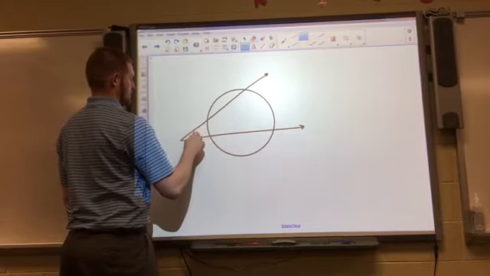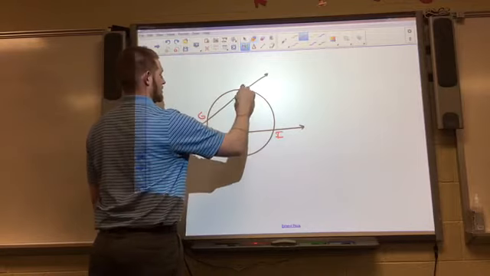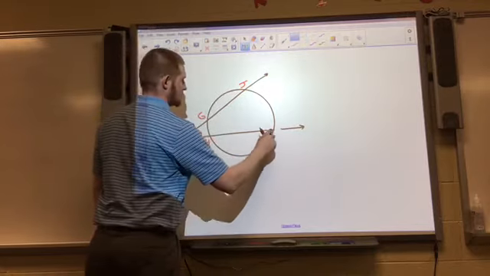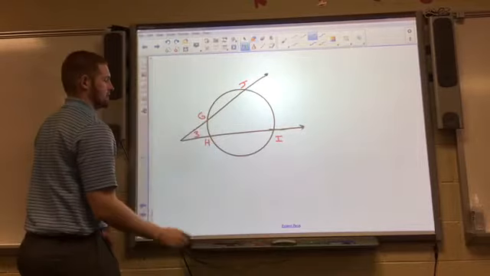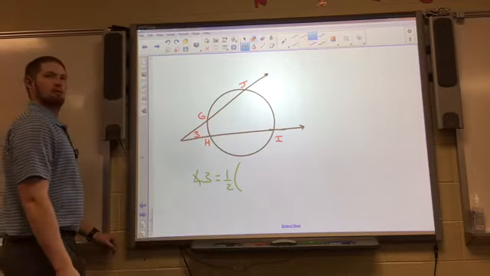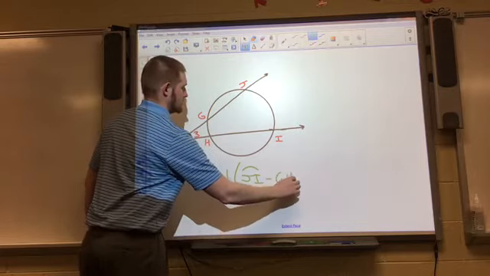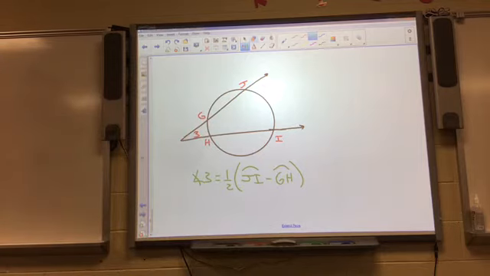So we'll call this angle 3, G, H, I, and J. And in this case, angle 3 would equal half of JI minus GH. Good. Okay, same concept on all 3 of those diagrams, right? It's half of the big arc minus the small arc.